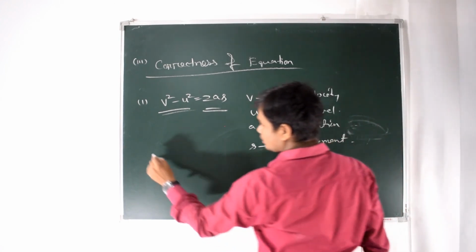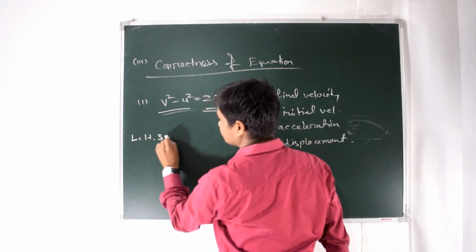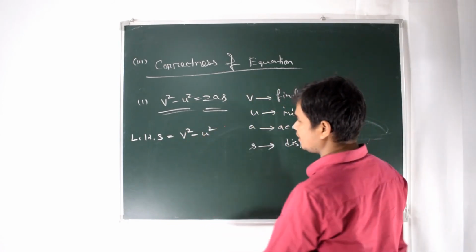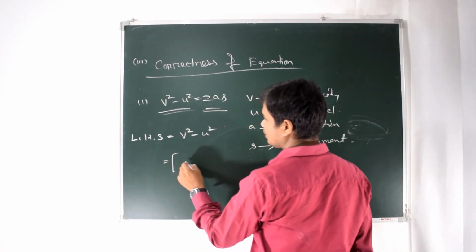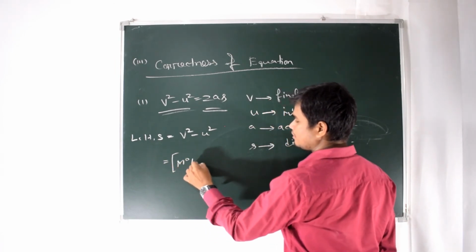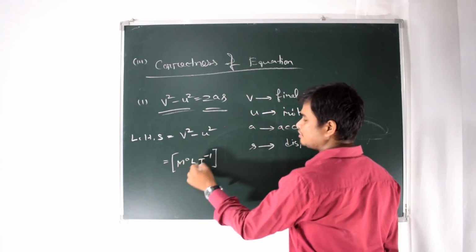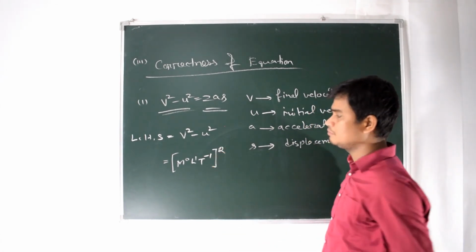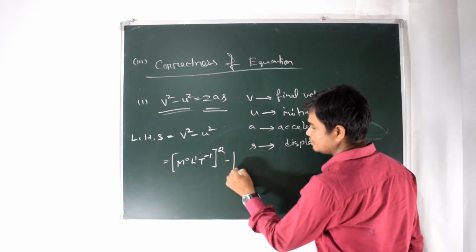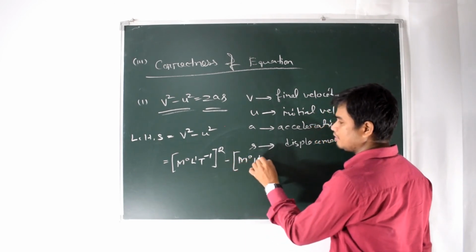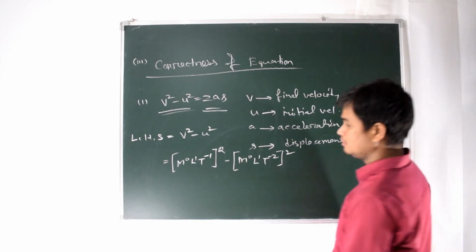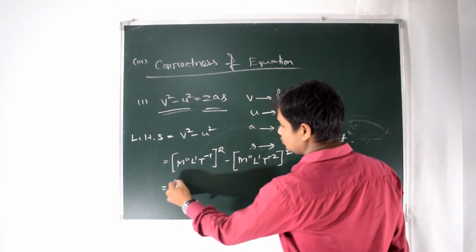First of all, do the left hand side. Left hand side is v square minus u square. The dimension of velocity is m0 l1 t minus 1, so v is squared. Minus u square, m0 l1 t minus 1, also squared.